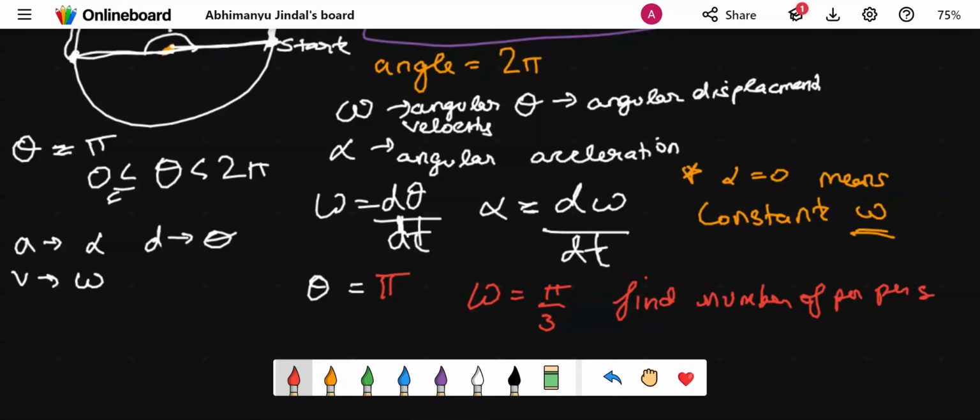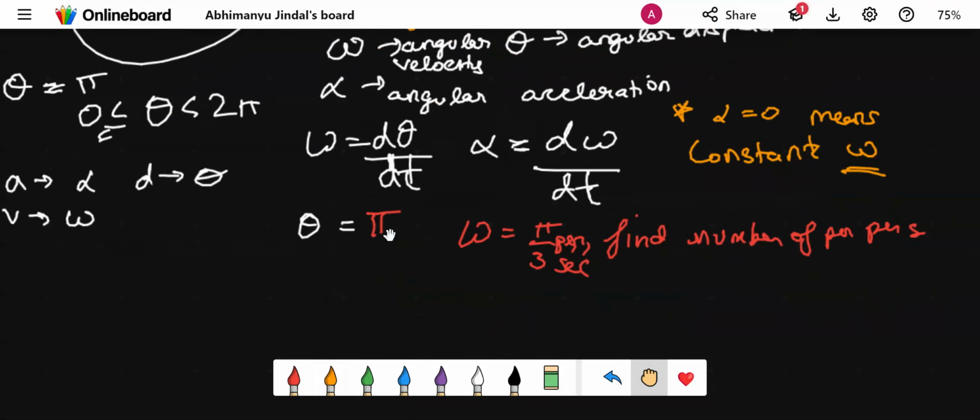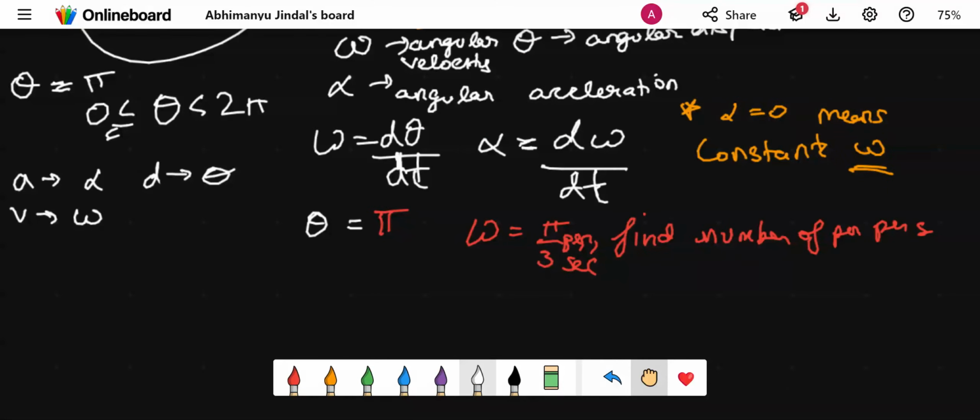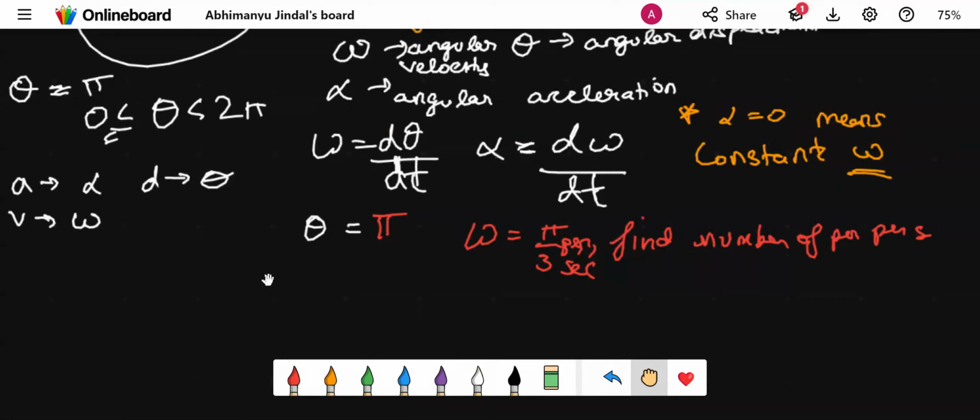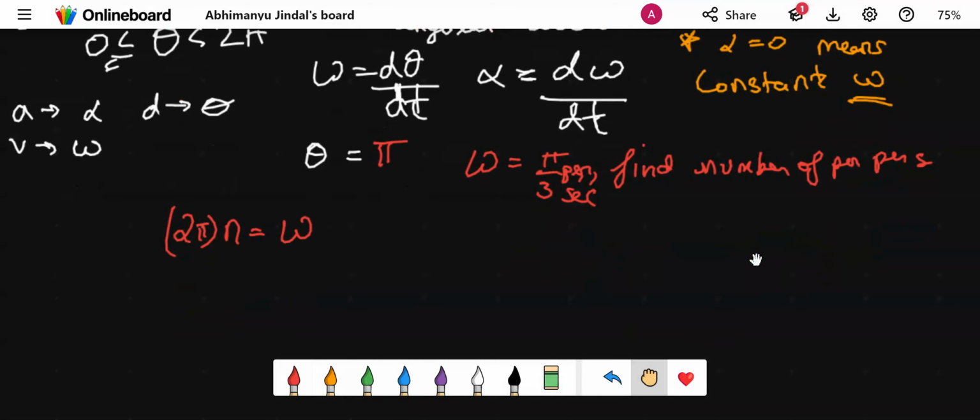Remember this: 2 pi times the number of revolutions equals omega. Omega was pi by 3. Just remember this one: omega is equal to 2 pi times the number of revolutions.